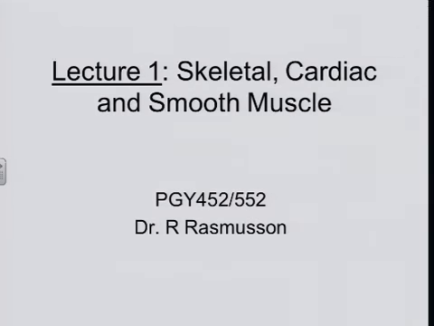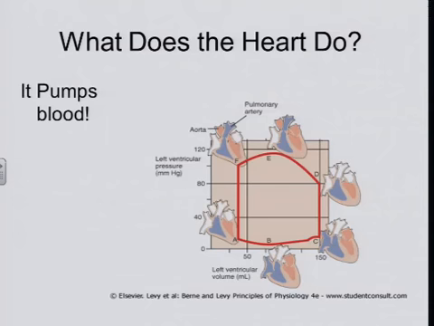Since this is supposed to be the cardiac section, our emphasis will be on the cardiac muscle for most of it, but it's important that you know why cardiac muscle is unique and what these other muscles do and how they function differently than cardiac muscle and why.